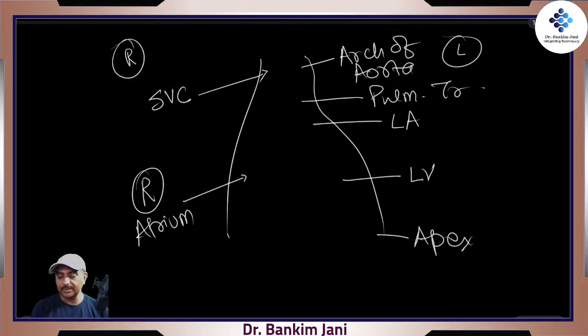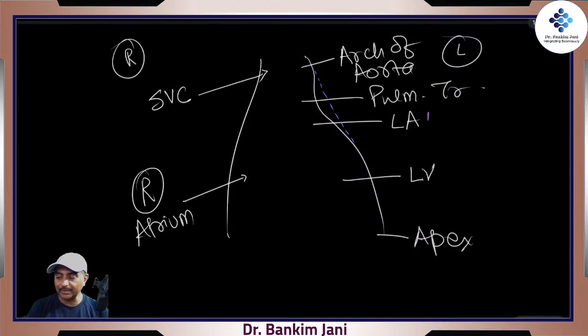So when there is left atrial enlargement, a patient will have what is called straightening of the left heart border, because as it enlarges, it becomes straight.